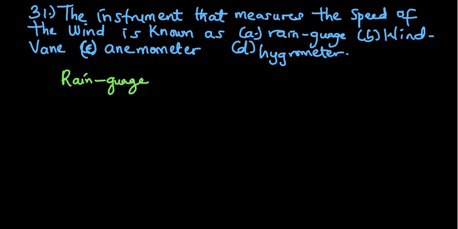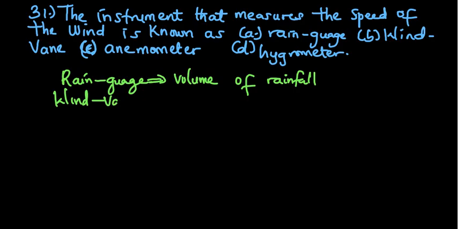The wind vane is used for measuring wind direction. We will know whether it is going to the north side or the west side.